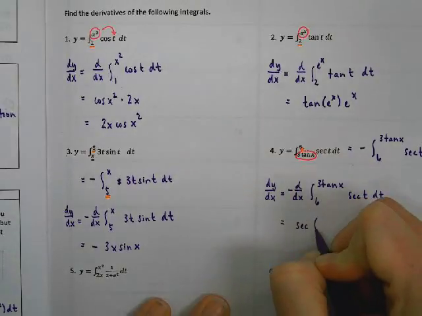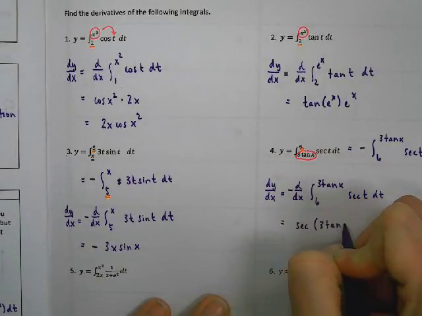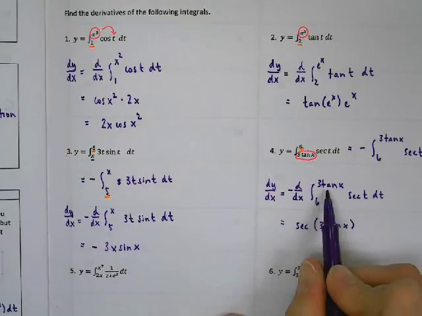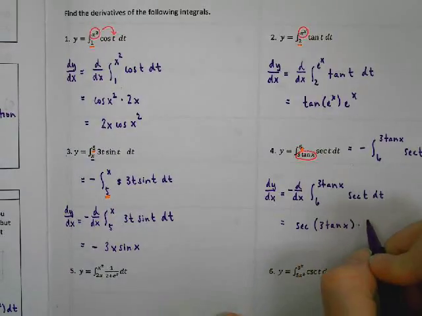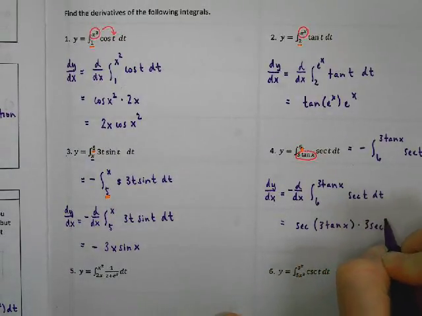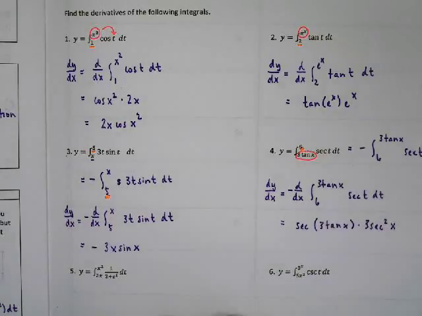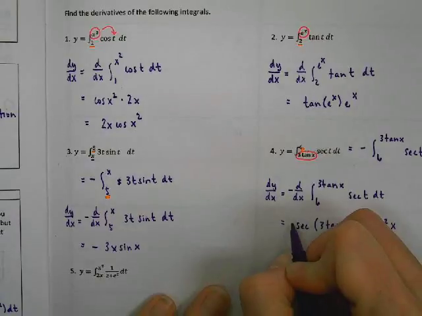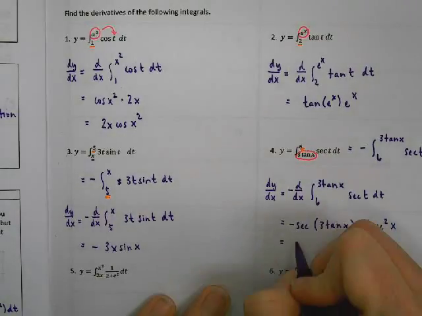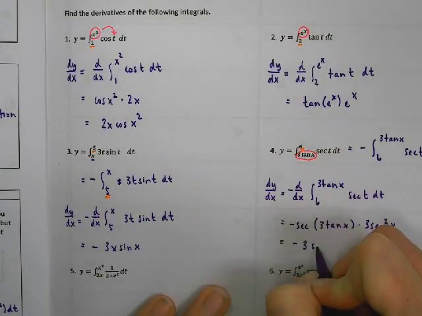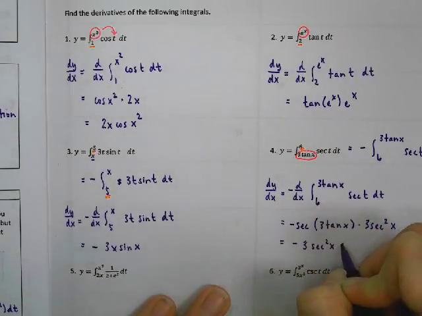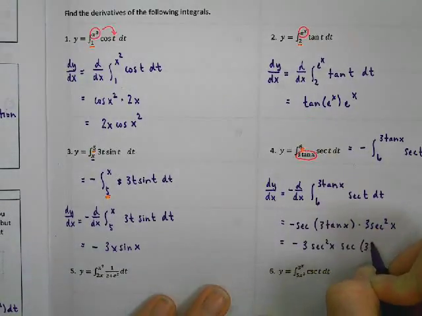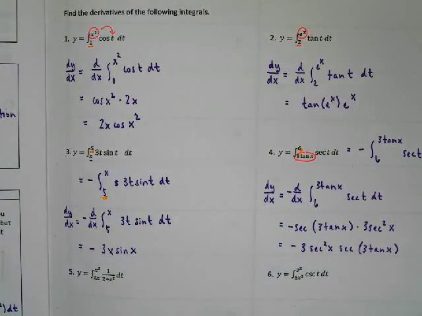So I have secant of 3 tangent of x. And then I multiply by the derivative of 3 tangent x, which is 3 secant squared of x. I forgot my negative here. So negative 3 secant squared of x times secant of 3 tangent of x. And that's done.